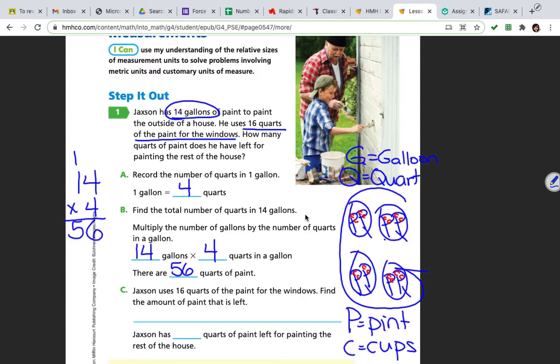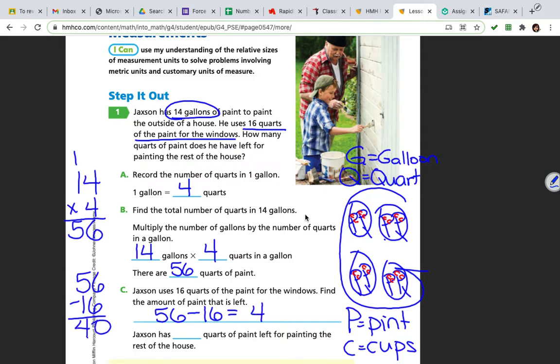Letter C. If Jackson uses 16 quarts of paint for the windows, find the amount of paint that is left. He has a total, 14 gallons is the same as 56 quarts, but he uses 16 quarts to paint the windows. So we're going to have to subtract. 56 subtract 16 leaves how many quarts of paint? 6 take away 6 is 0, 5 take away 1 is 4.